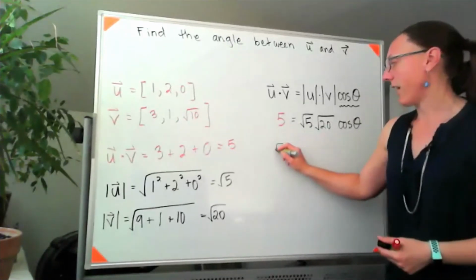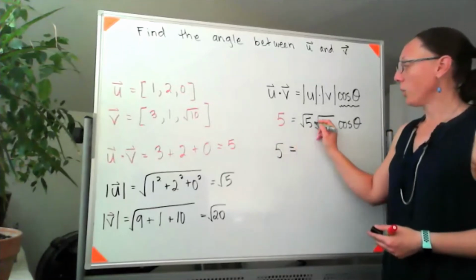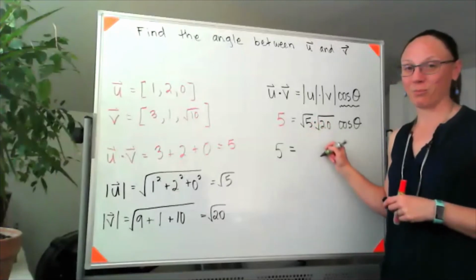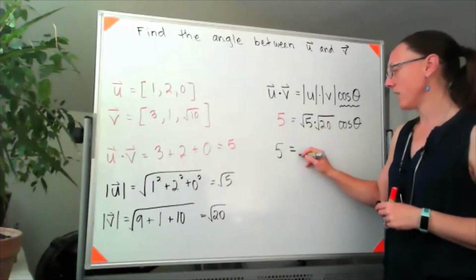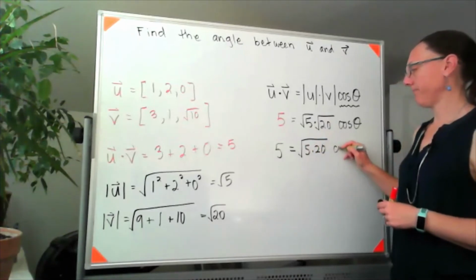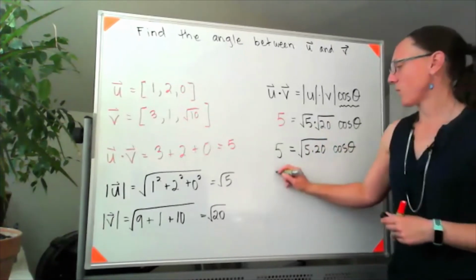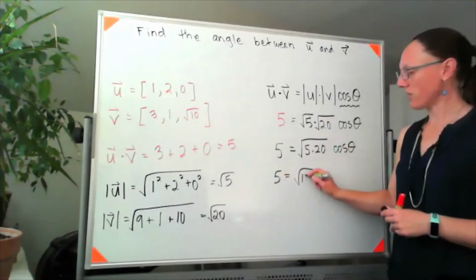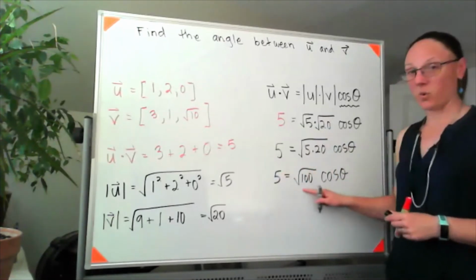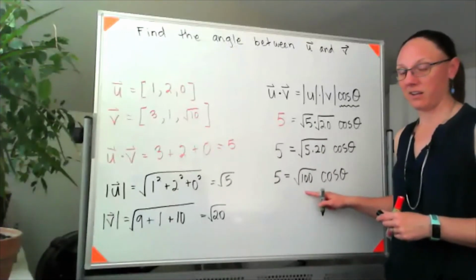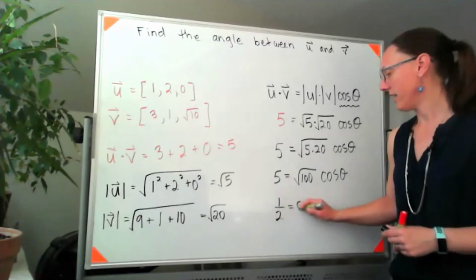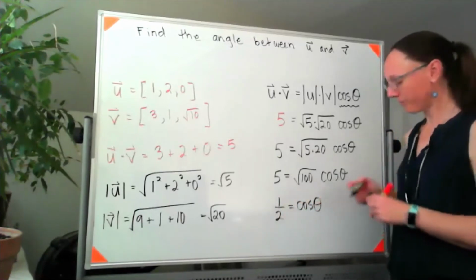So I've got 5 is equal to, when I multiply two things that both have square roots, that's the same as multiplying inside of the square root. So I've got 5 is equal to the square root of 100 times cosine theta, but the square root of 100 is 10. If I divide 5 by 10, I'll have 1/2 is equal to cosine theta.